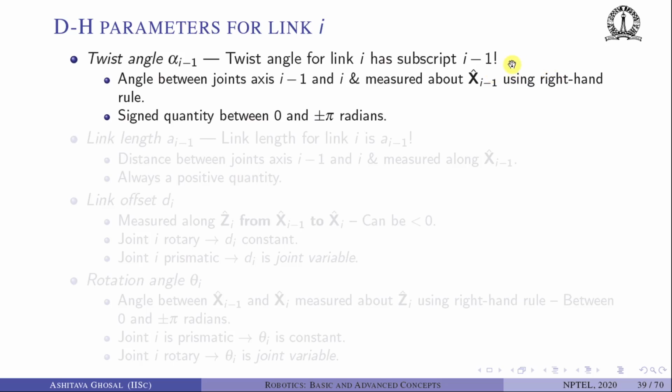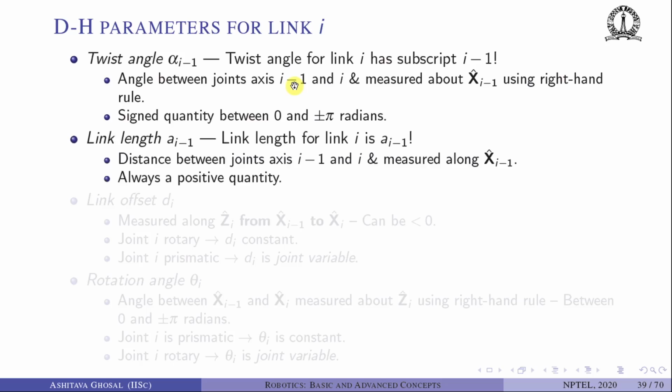We have to live with this in this convention. So the angle between joint axis i minus 1 and i, measured about x i minus 1 using the right hand rule, is the twist angle alpha i minus 1. So it's a signed quantity between 0 and plus minus pi radians.